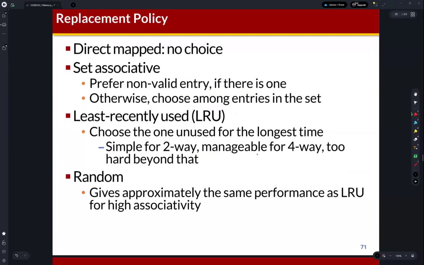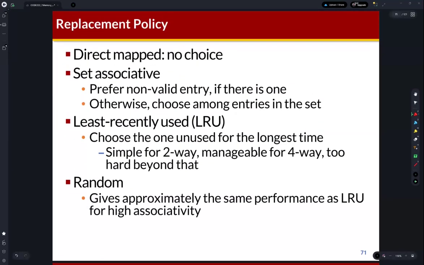Okay. As I mentioned, if we use the set associative cache or fully associative cache, then we need to consider the replacement policy. For the direct mapped case, we don't need to consider the replacement policy because only one block can be included in a single set, right?